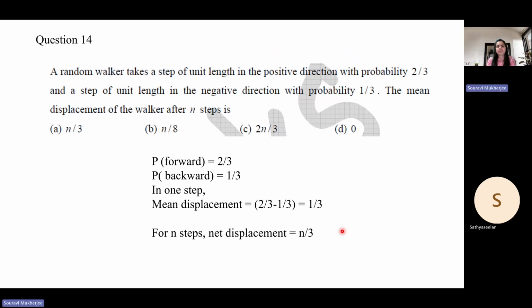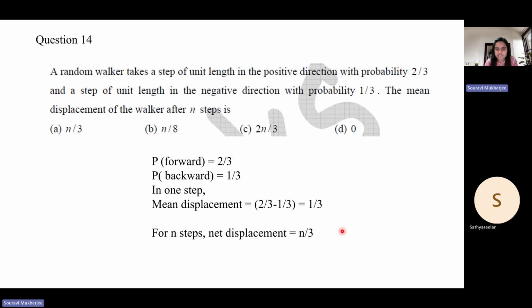This is another question, which says that there is a random walker which takes a step of unit length in the positive direction with probability 2/3 and in the negative direction with probability 1/3. Find the mean displacement of the walker after n steps. Again use the fact that whatever happens after one step, for n steps it's just a multiple of n.